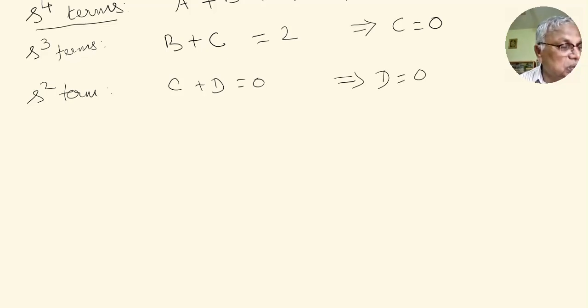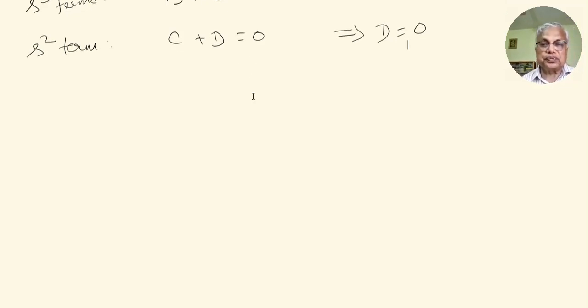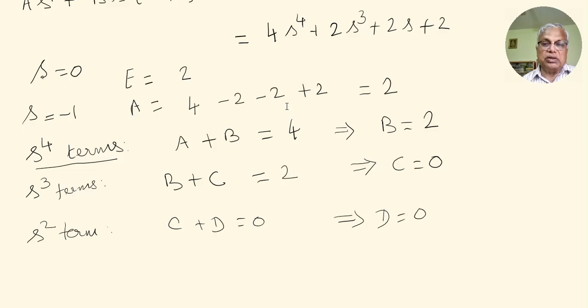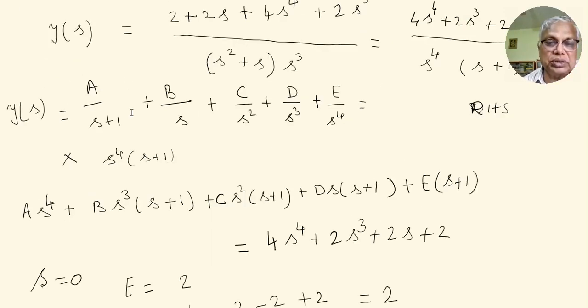So c is 0, d is 0, b equal to 2, a equal to 2, and e equal to 2. So let me substitute the values of a, b, c, d, e in this equation.